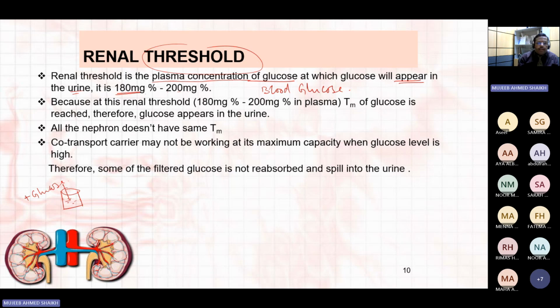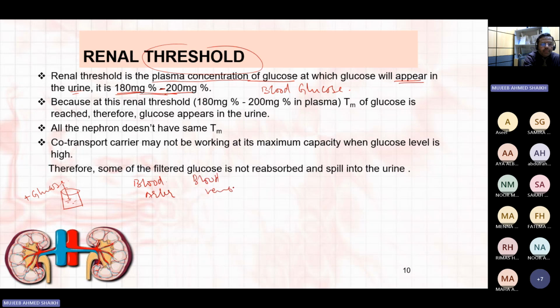Now you may be wondering why there are two values, either 180 milligram or 200 milligram. Why is it a range? The range is because there is a slightly different blood glucose level in arterial blood and blood in the veins.